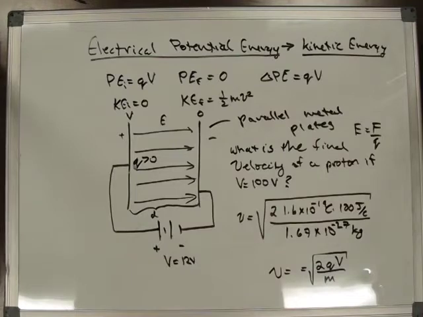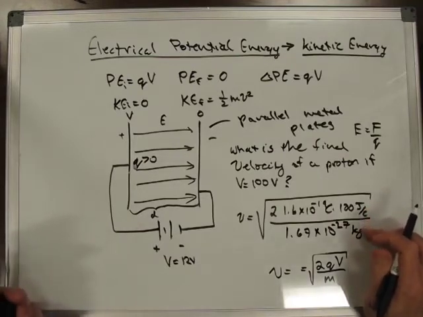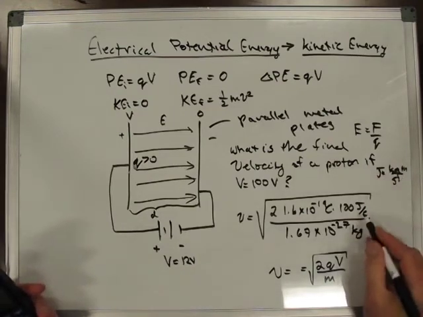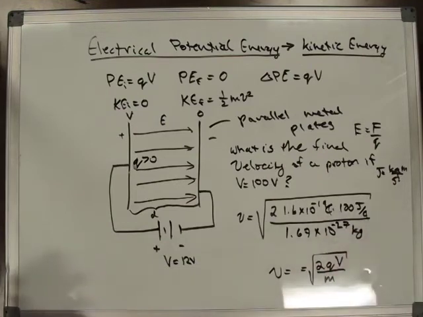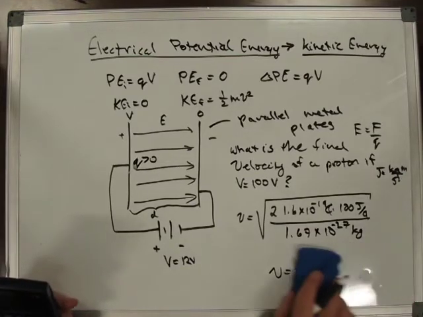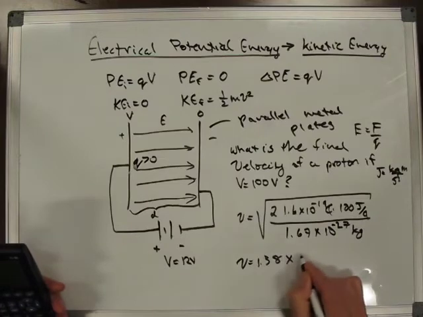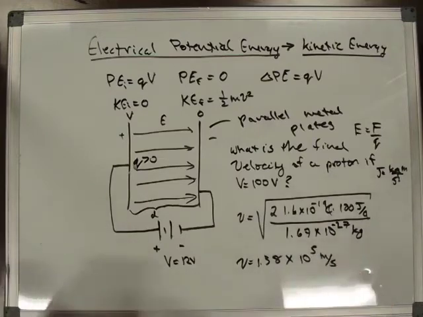Right, and notice that joules is kilogram meter squared over second squared, and so the kilograms cancel, these two coulombs cancel, and I get a velocity of 1.38 times 10 to the 5th meters per second.